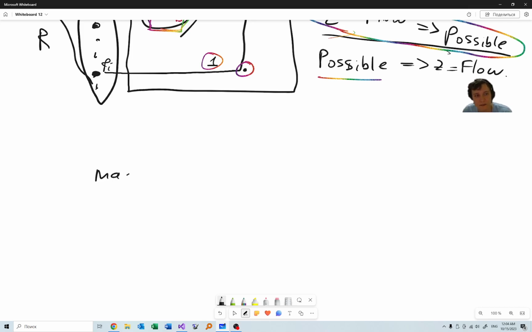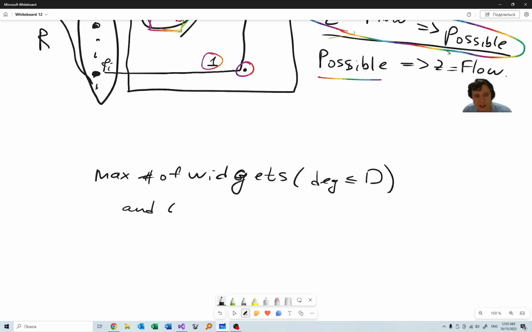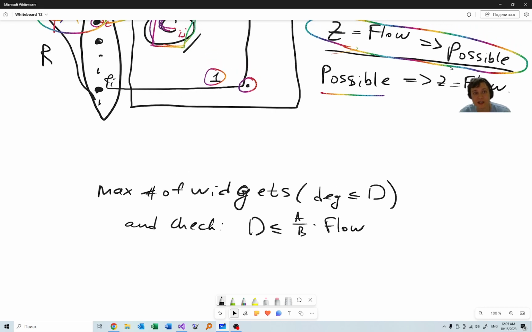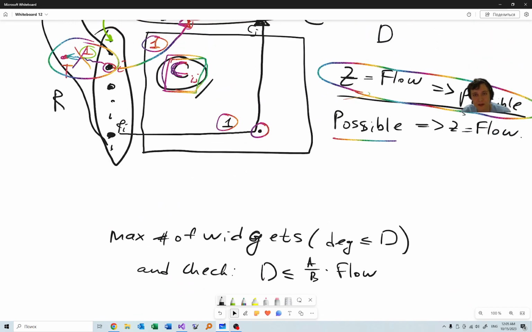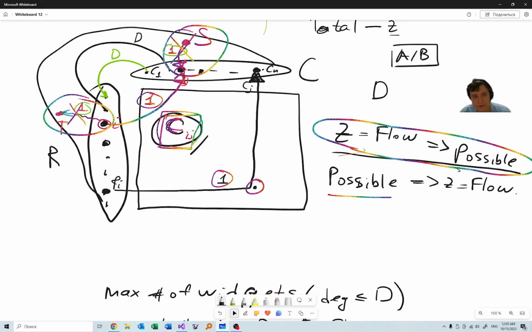So we need to find the maximum number of widgets while still the degrees are at most D, and check that D is no more than A over B times flow, where flow is the maximum number of widgets. How do we do it?